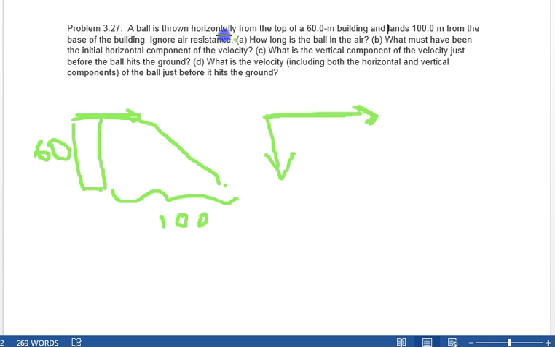Why? Because of this sentence right here, ignore air resistance. So there is no force along X. Since there's no force along X, there's no acceleration along X, it keeps going the same velocity the whole time. That means Y is the direction of interest in determining how long the ball is in the air.